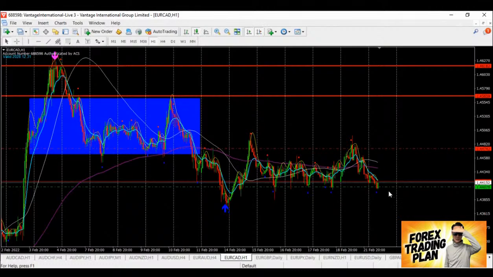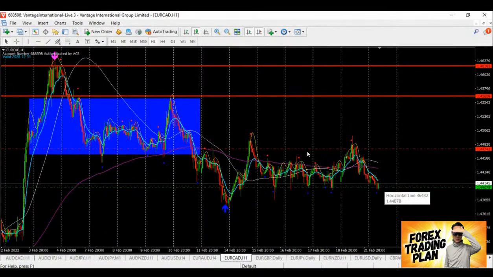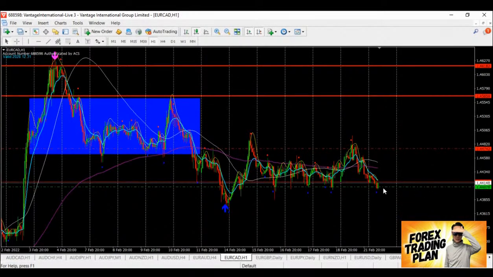Second, for sellers again, we have to wait for it to go all the way up without breaking the resistance, then turn down, then we start selling. Since this is ranging in a sideways manner.